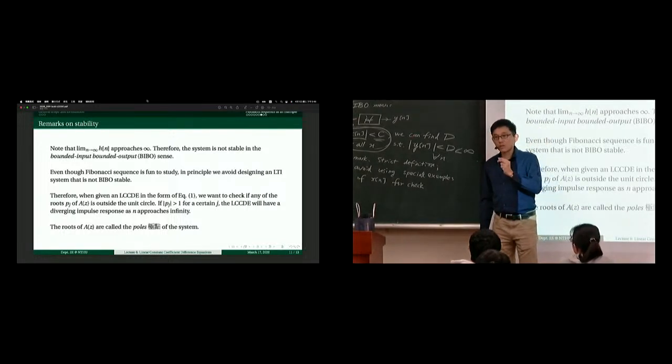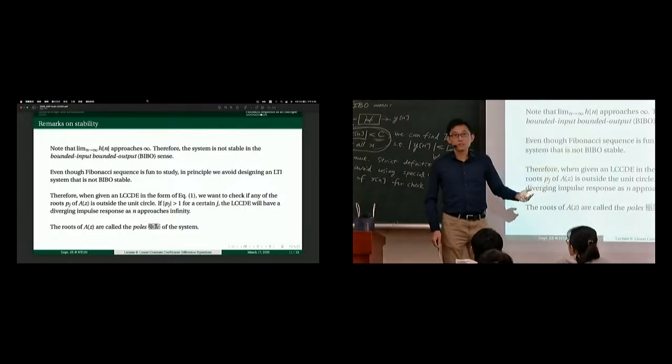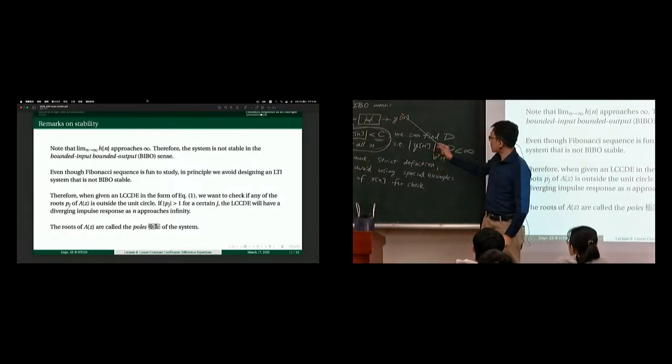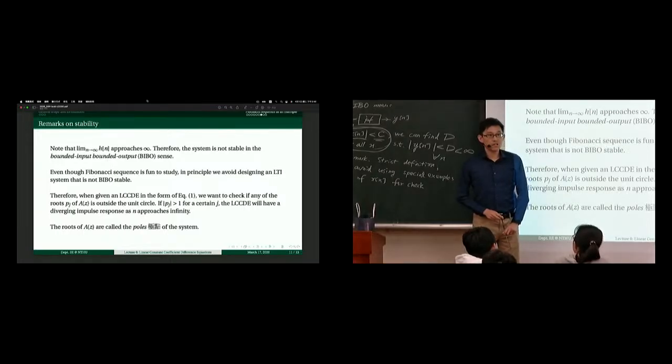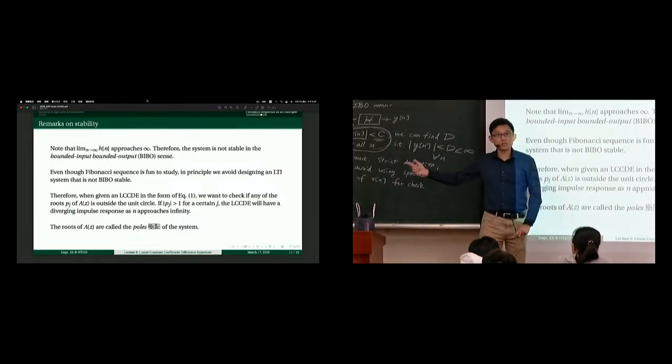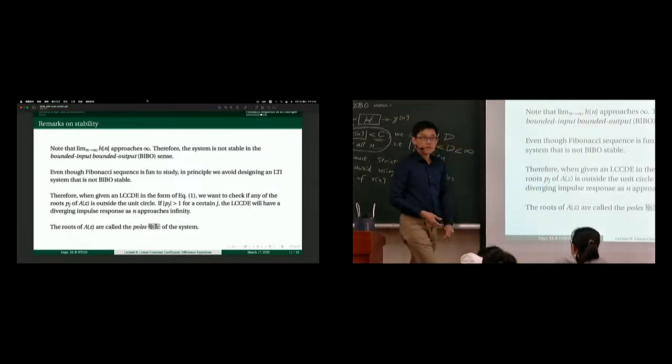That impulse response is the result of receiving a bounded input signal, the delta function as the input, and the delta function is bounded. But the output the system produces is unbounded. Therefore, this system is not stable in the BIBO sense. Just use this definition to check whether or not the system is stable. That's easier.